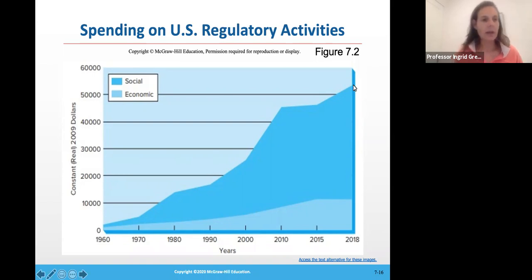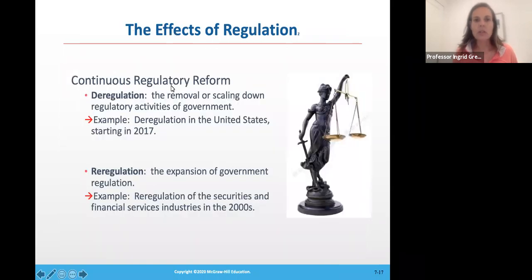The book also talks about the Democrats versus the Republicans. If a Republican is in office, as we'll talk about in the next slide, like Reagan, he saw a lot of what's called deregulation. So continuous regulatory reform, the first one is deregulation, the removal or scaling down of regulatory activities of the government.